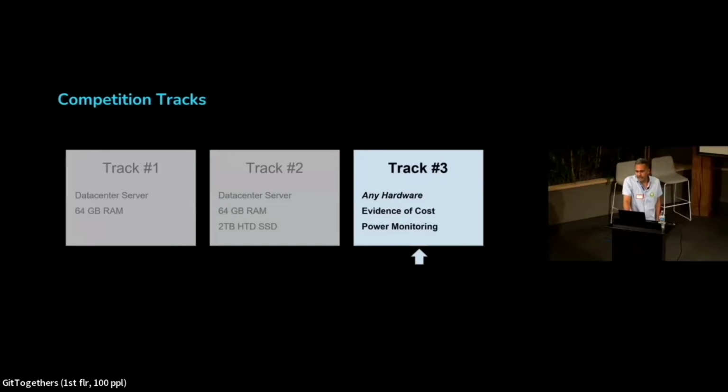And the third track actually had no hardware limits at all. People could submit their own hardware as long as it was commercially available, and they showed evidence of cost. And we also added the requirement that we had to have the ability to monitor the power of that hardware. I'll talk a little bit more about the hardware in a second.